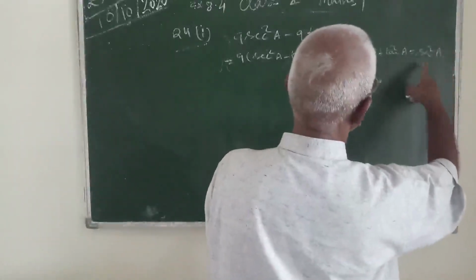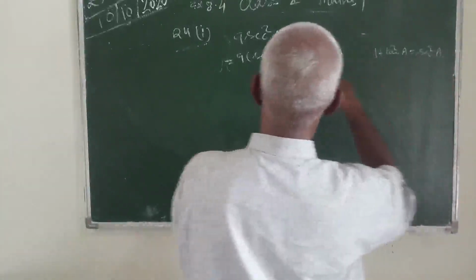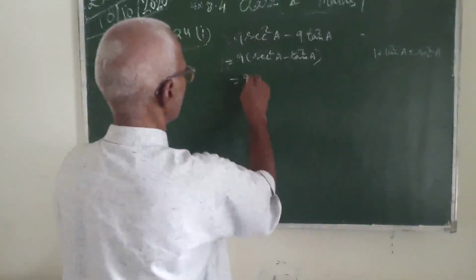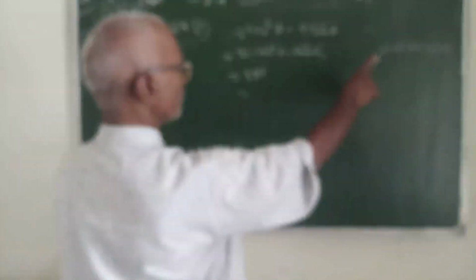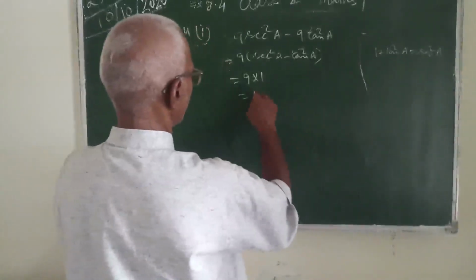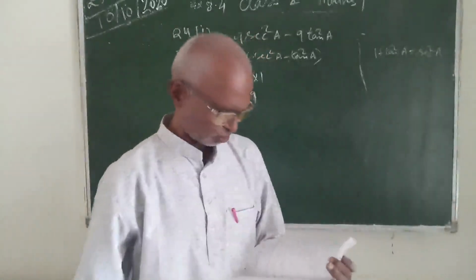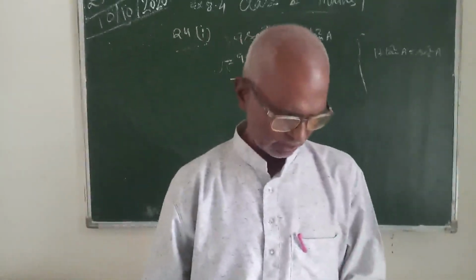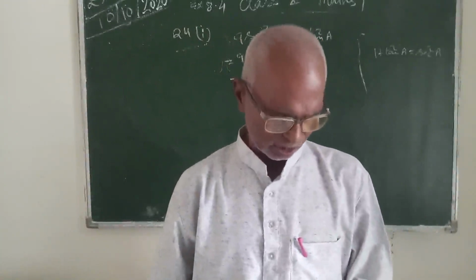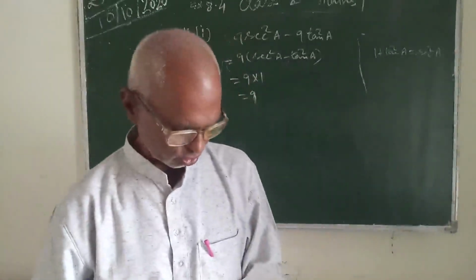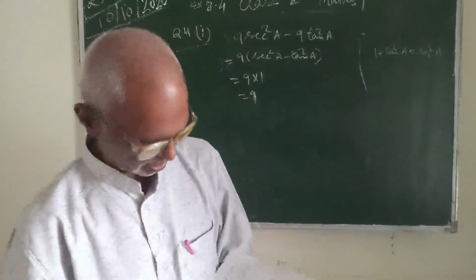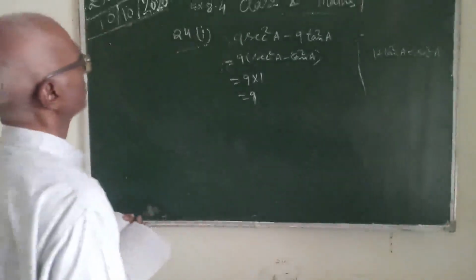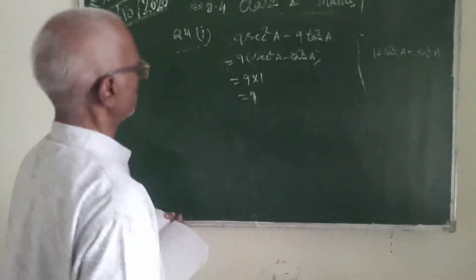Bring tan to that side, so sec square minus tan square is 1. So in place of this you can write 1, and it becomes 9. So see, in the multiple choice question, A is 1, B is 9, C is 8 and D is 0, and our answer comes 9. So tick at the B option.